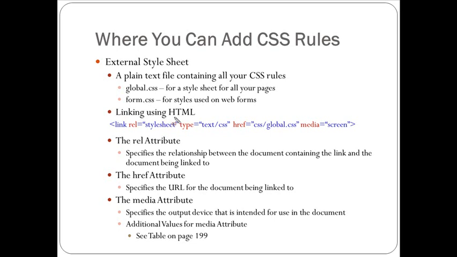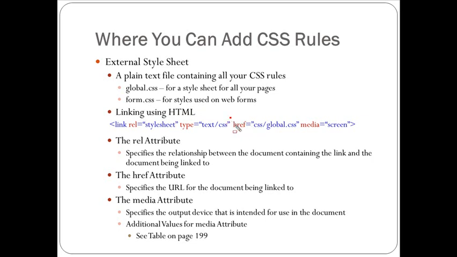The next attribute that you need here is the type. Just like in an embedded style sheet, you specify the type here. It's the same, text/CSS. That's just telling it again what type of document this is. It's written in plain text and it's using CSS formatting.